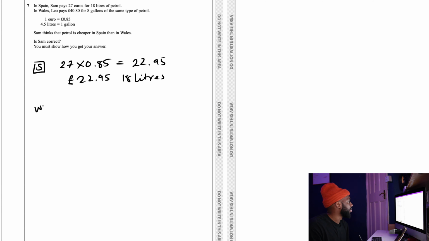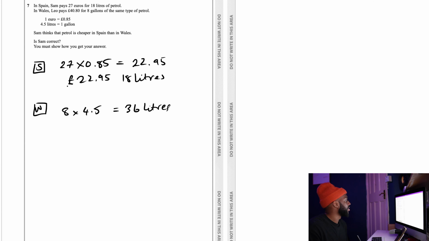Now let's look at Wales. Okay, so it's already in pounds, but I want to change the gallons to litres. So I'm going to do 8 times 4.5, and that gives me 36 litres.